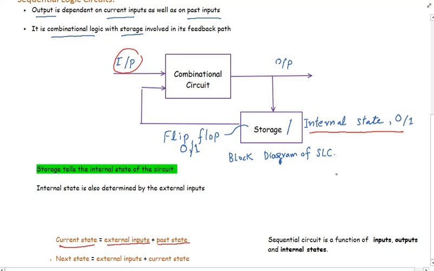So finally, keep in mind that a sequential circuit is a function of inputs, outputs and internal state, because the internal state will always depend on the value at the output, which depends on the value at the input and the value that was present in the storage previously.